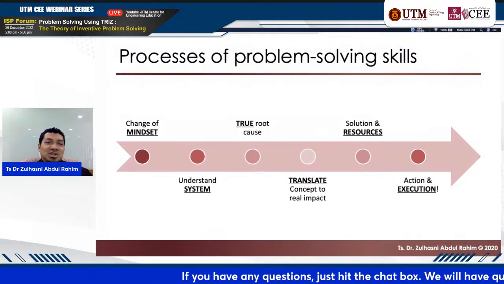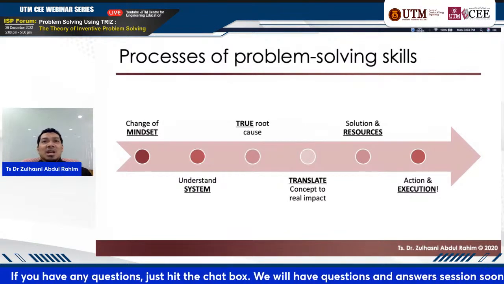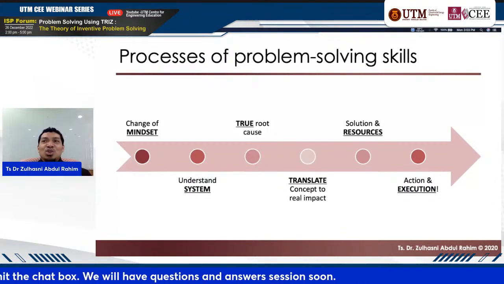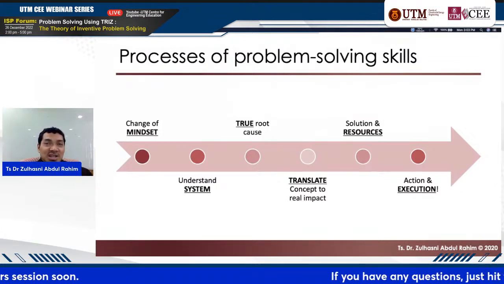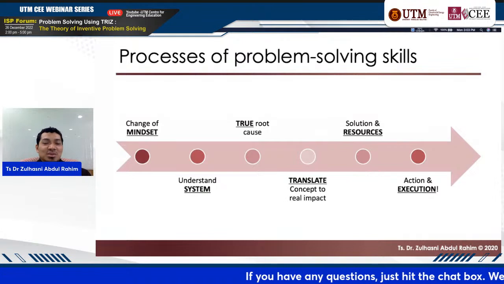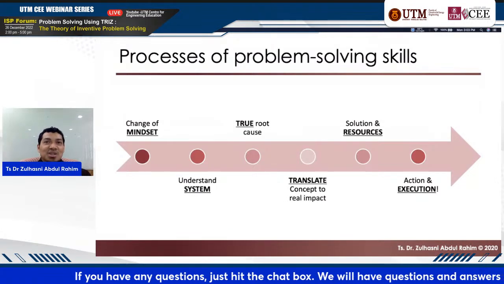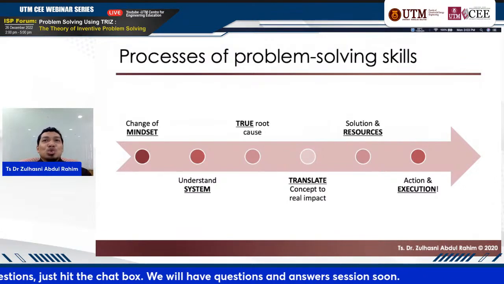Because sometimes when people try to solve a problem, they will use new things. They will ask for a new system, a new solution, and so on, which is costly. So in TRIZ we use existing systems and existing resources. Within the system itself, we can find the solution.